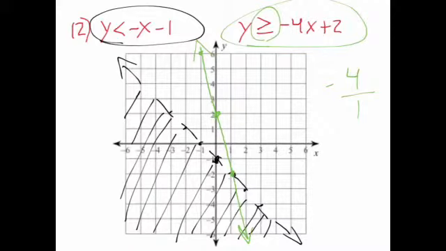But this one says greater than. I know this line's really steep, but if you start somewhere and go up, you'll see that the side you need to shade is over here, more towards the right. And there's a section on this graph that got double shaded, and it's right here in this little triangular pizza region. And that's where all the solutions are.